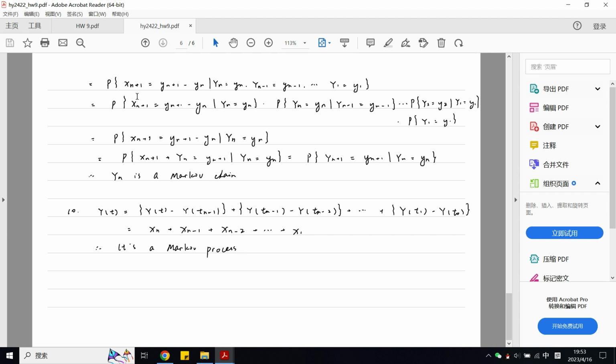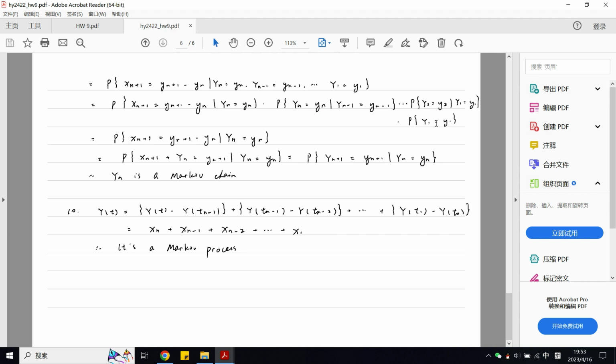And then this equals the probability that xn+1 equals yn+1 minus yn given yn equals yn, times the probability that yn equals yn given yn-1 equals yn-1, times the probability that y2 equals y2 given y1 equals y1, times the probability that y1 equals y1.